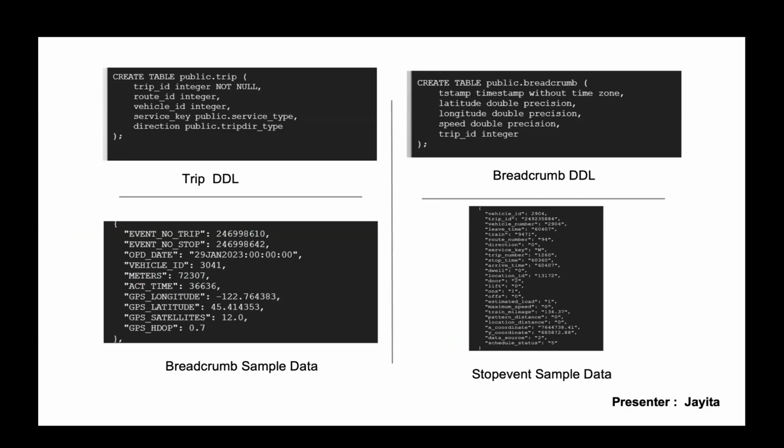On the bottom left, you can see a sample breadcrumb record from the API. This includes key fields like vehicle ID, GPS location, timestamp, etc. On the bottom right, we show a sample stop event record. This data includes scheduled stop details like location ID, trip number, estimated load, and XY coordinates. This helps us analyze stop-level behavior, delays, and crowding. These raw records are parsed, validated, and stored in our pipeline.